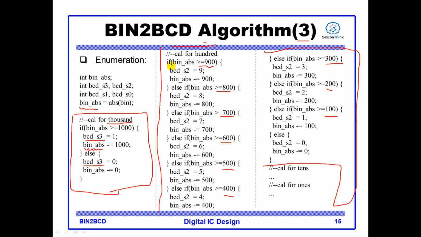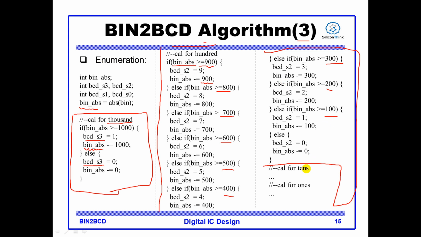For each comparison, if the condition is true, I will get the BCD code for 100 and calculate the remaining value by subtracting this number. So I just test the value with all the hundred values. So I call this enumeration.